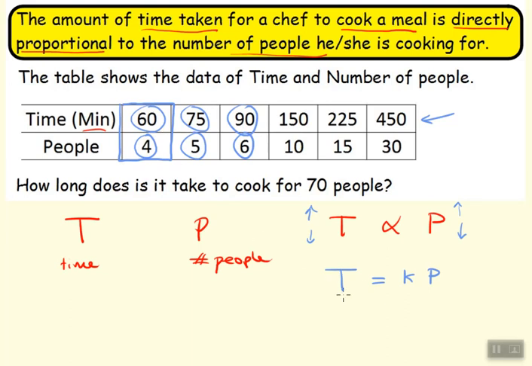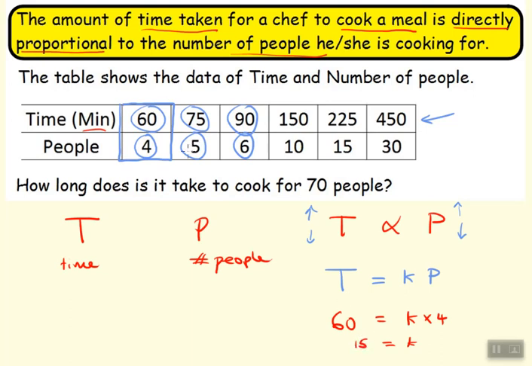Remember you always write T equals something times the other variable. T is 60 and the number of people is 4, so it's going to be something times 4. If I rearrange this formula, K is going to be 60 divided by 4, which is 15.